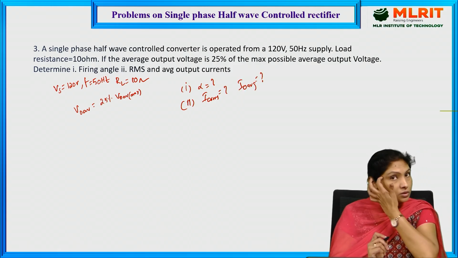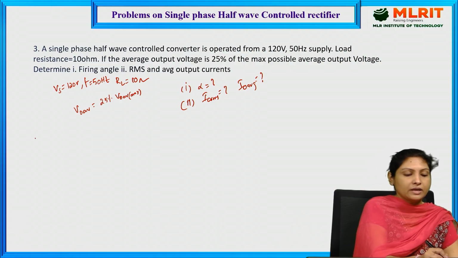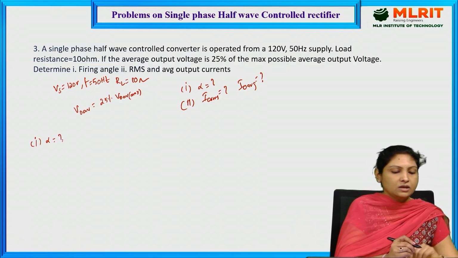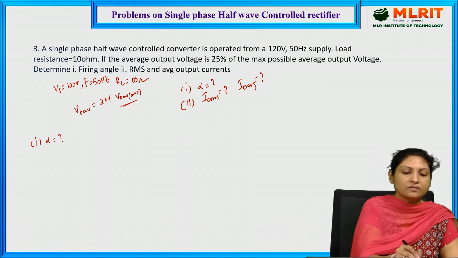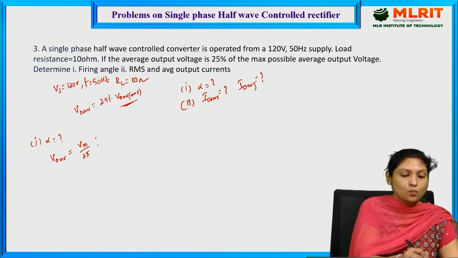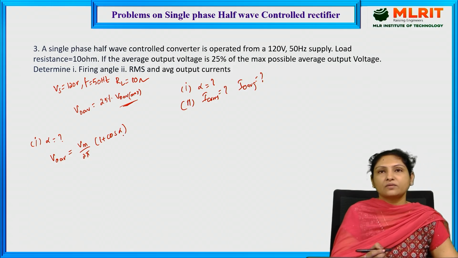In order to find the firing angle alpha, firstly we need to find this V0 average maximum. See here, V0 average is equal to Vm by 2 pi into (1 plus cos alpha). This is the formula for single phase half wave controlled rectifier with resistive load.